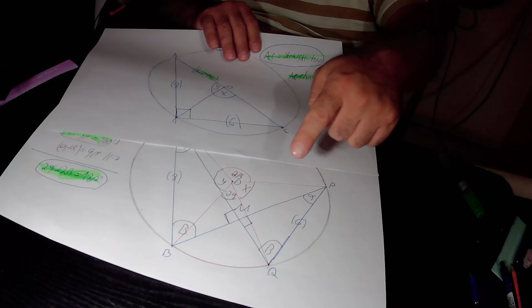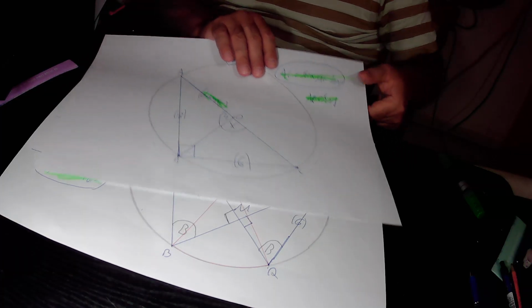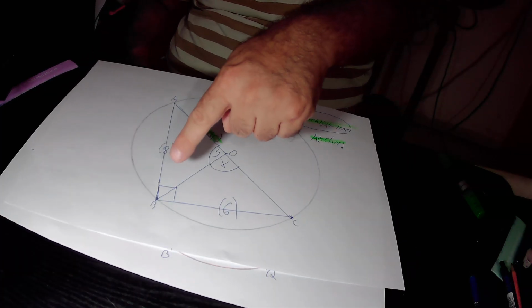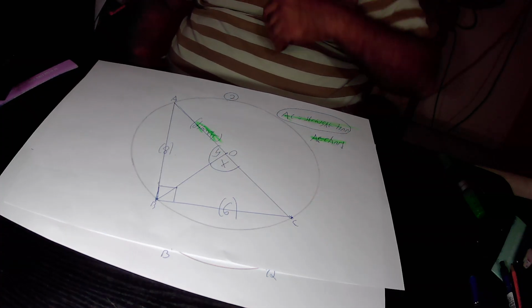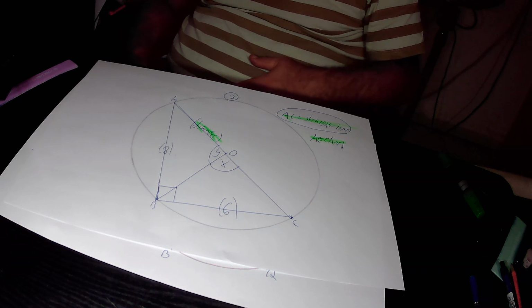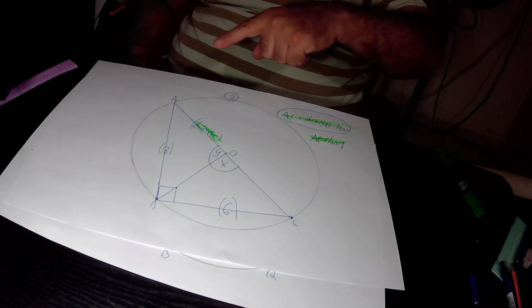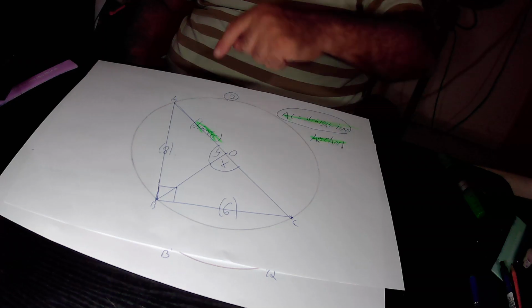The size of this center angle QOP is x. Therefore, the size of this center angle BOC must also be equal to x. So in the drawing, we have the big angle AOC equal to x plus y degrees.